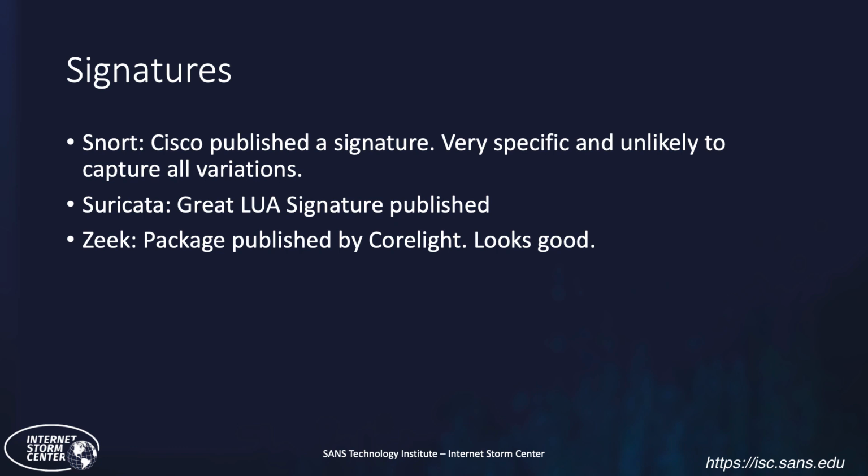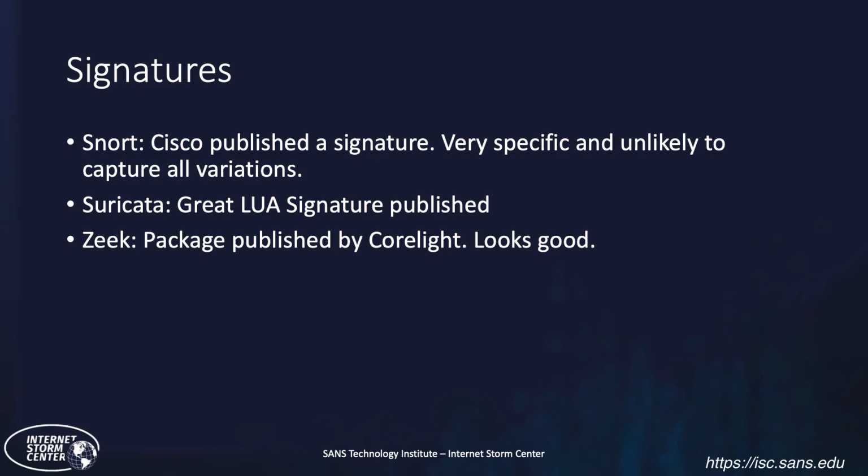Now, Suricata and Zeek. Suricata, unlike Snort, has the ability to write signatures in Lua. And it also understands router advertisements somewhat better than Snort, being sort of a more modern IDS. So what the signature does that has been published to GitHub is that it basically looks through all of the options and then checks, is one of these options 25?